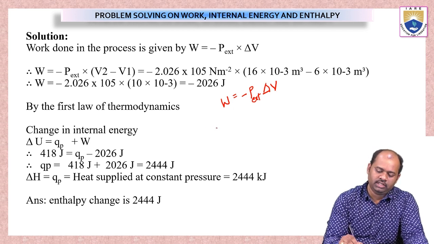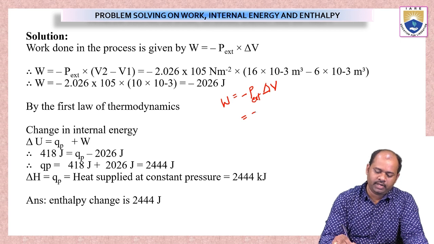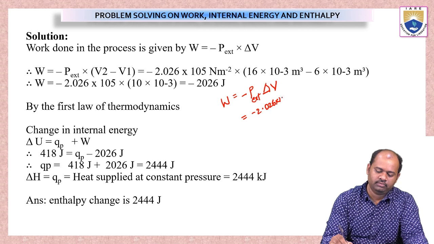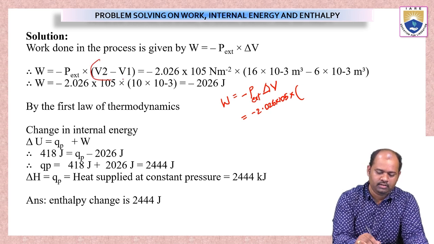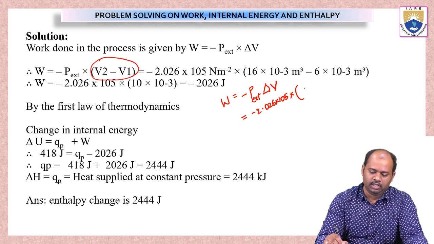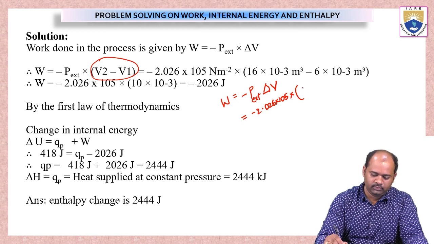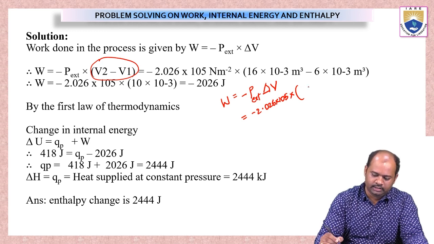Okay. Now using this equation, we can simply calculate. P external is minus 2.026 × 10^5, which is given in the question itself. And delta V, that is V2 minus V1, is already there: 16 minus 6, into 10^-3, I am writing separately.